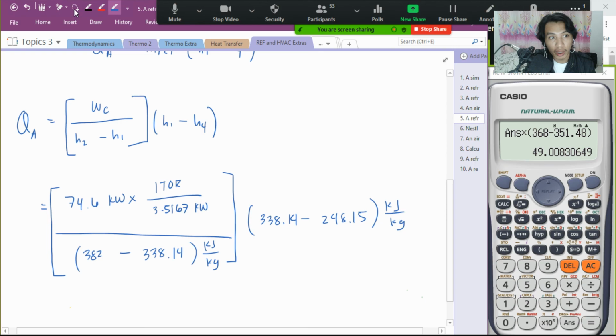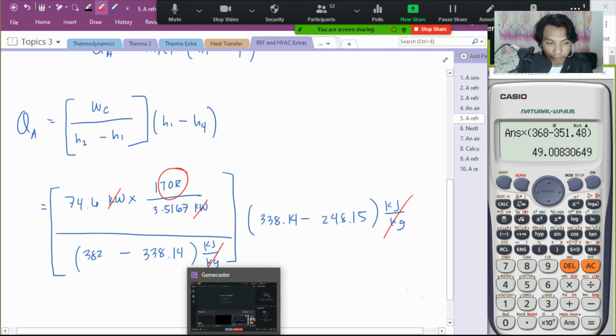Now we cancel all the same units: kilowatt, kilojoule per kilogram, kilojoule per kilogram, leaving ton.